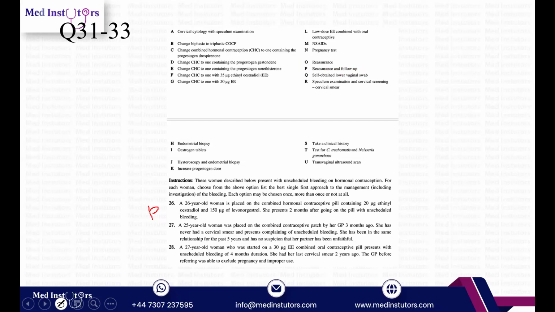Next question. A 25-year-old was placed on the combined contraceptive patch by her GP 3 months ago. She has never had a cervical smear and presents complaining of unscheduled bleeding. She has been in the same relationship for the past 5 years and has no suspicion that her partner has been unfaithful.